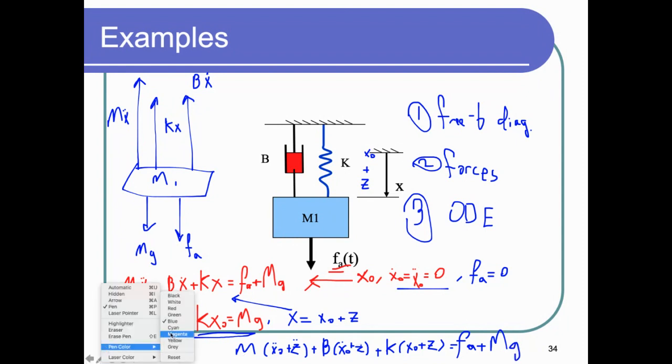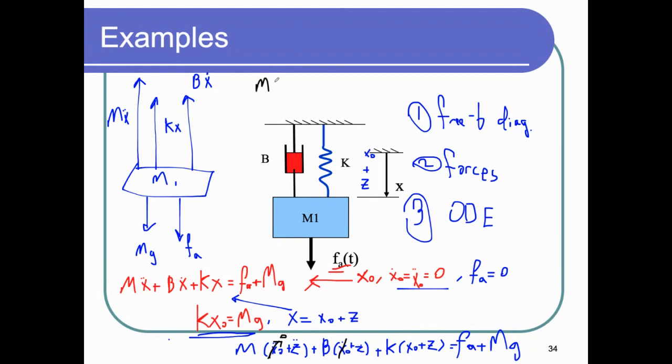Notice the following. This is 0, and this is 0. So what do I get?